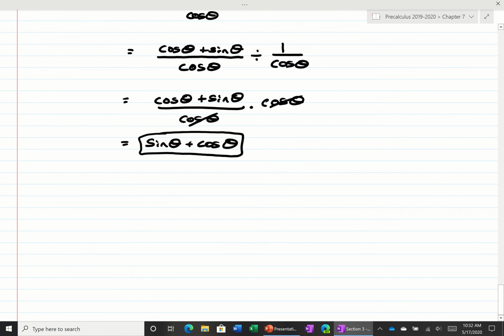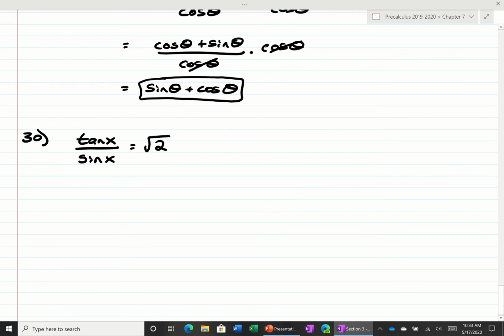And it looks like we have one more here, number 30. So for problem number 30, we get tangent of x over sine of x, and that's equal to root 2. We want to convert this just to a single trig function. Well, I think we did something like this in class. Tangent was sine of x over cosine of x.